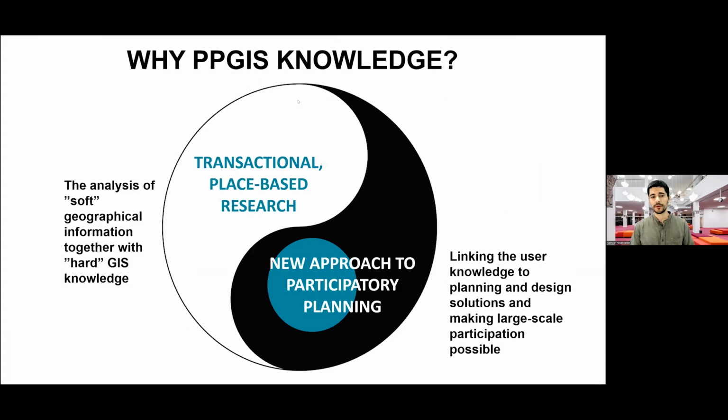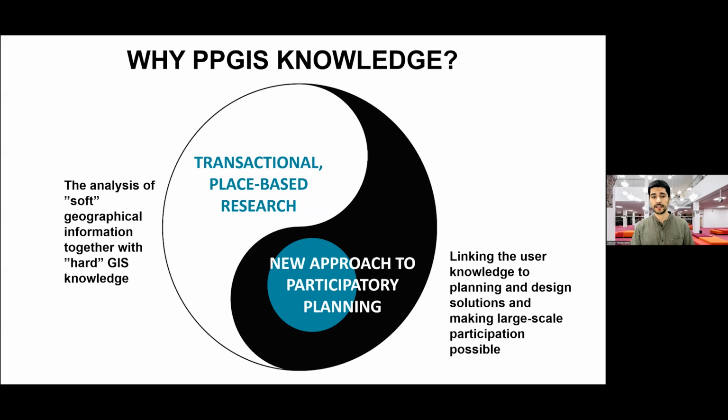So this kind of approach enables us, as I said, this is a new approach to participatory planning. So instead of having those public hearings or interviews or all those other traditional ways of helping people participate in planning processes, this is a new digital way. And on the other hand, this can be a source of very valuable data, place-based and person-based data that can enable us to perform different kinds of transactional place-based research.